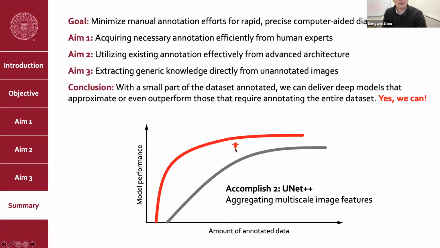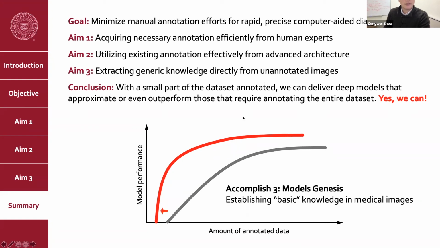The second accomplishment is called UNet++, which aggregates multi-scale image features to boost the performance even higher. And third, we developed Models Genesis, which can establish basic knowledge in medical images and makes the model perform much better, even with a small amount of annotated data.